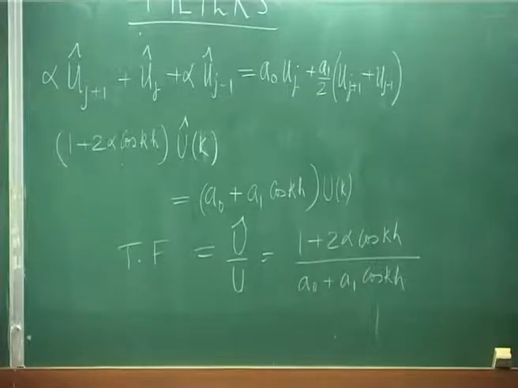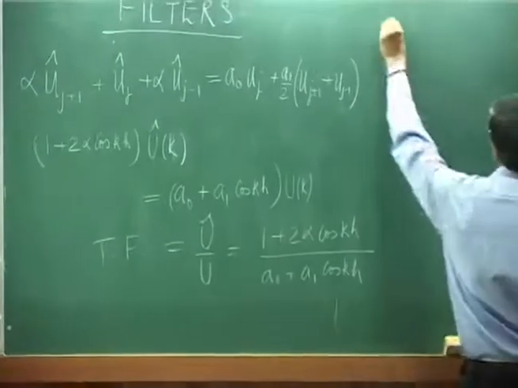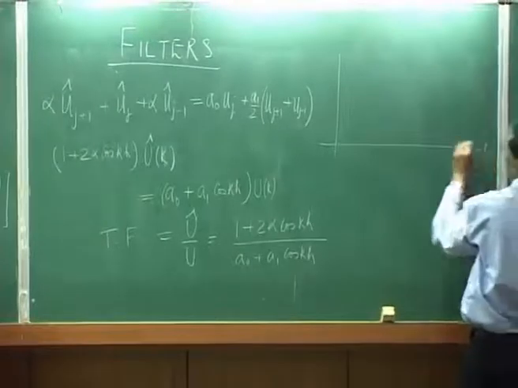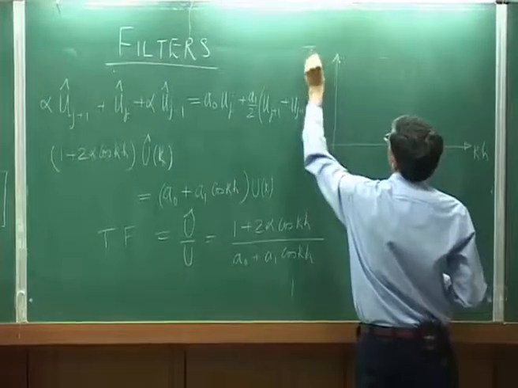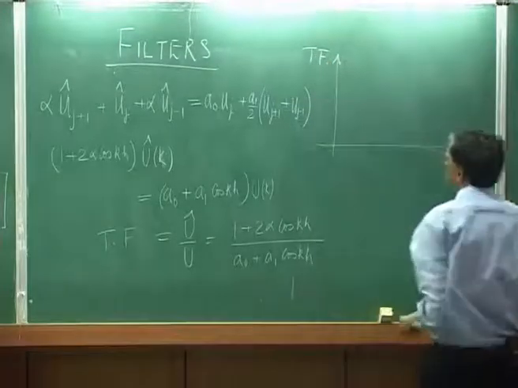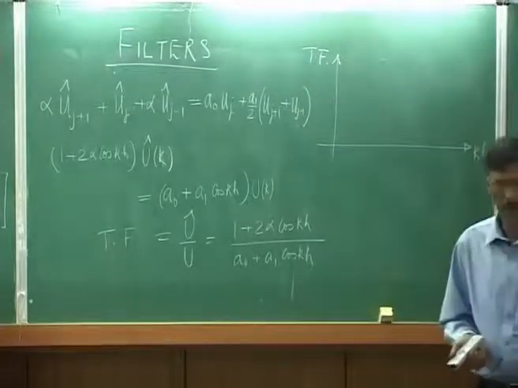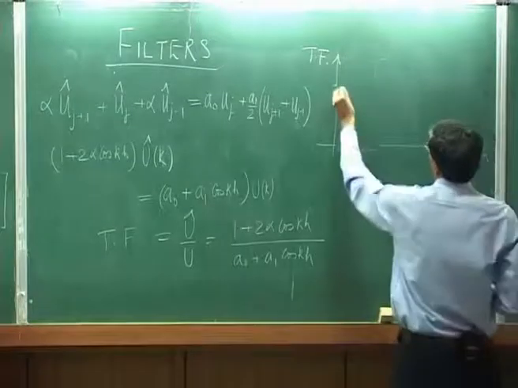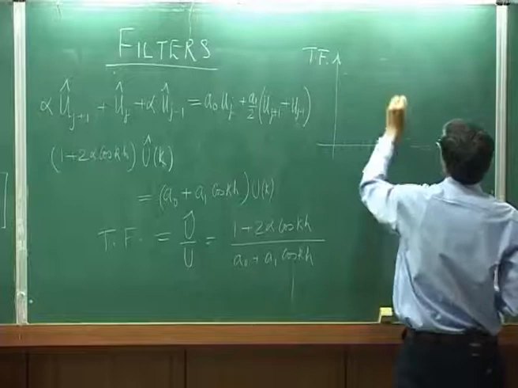So that is what decides some qualitative features of the transfer function. That is what we also need to keep in mind. So we would like to do that, and we expect this transfer function to be of that nature which will not alter the solution at low k.